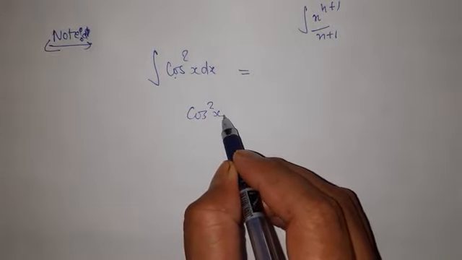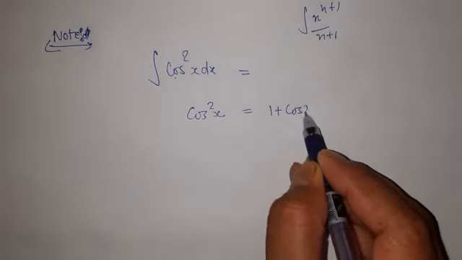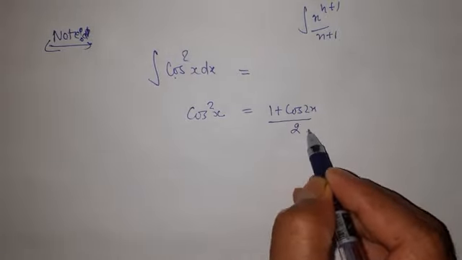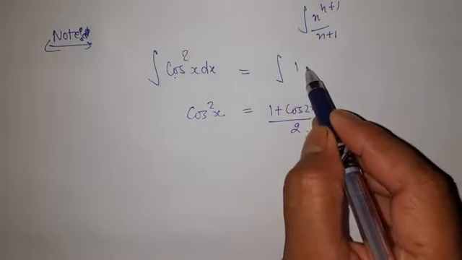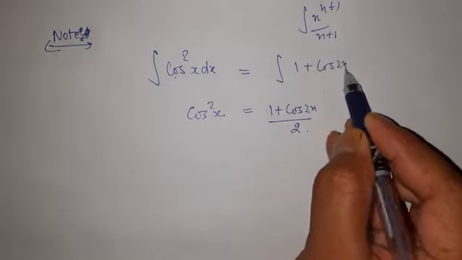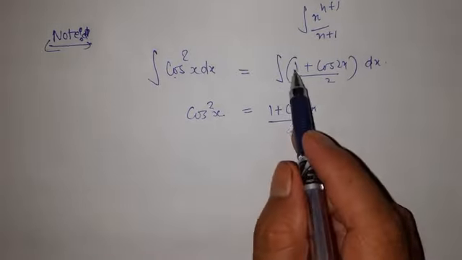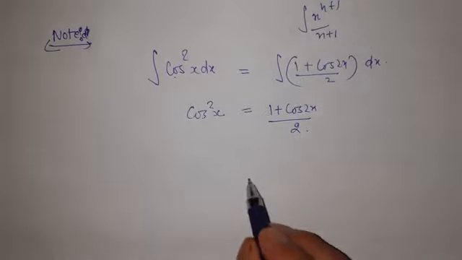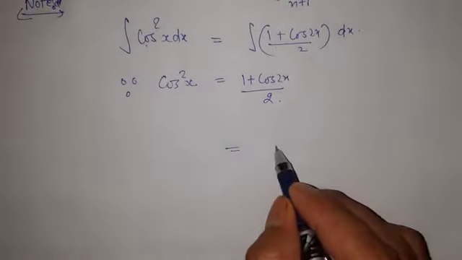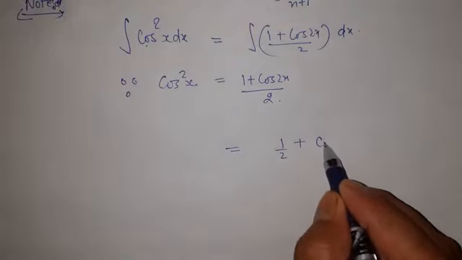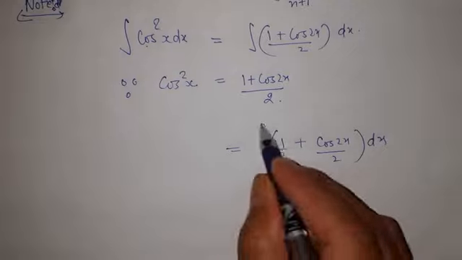So cos square x can be equal to (1 plus cos 2x) by 2. First you need to convert it into this form. So we can write it as (1 plus cos 2x) by 2, dx. Now separate the denominator: we get 1/2 plus cos 2x by 2, dx, whole integration.